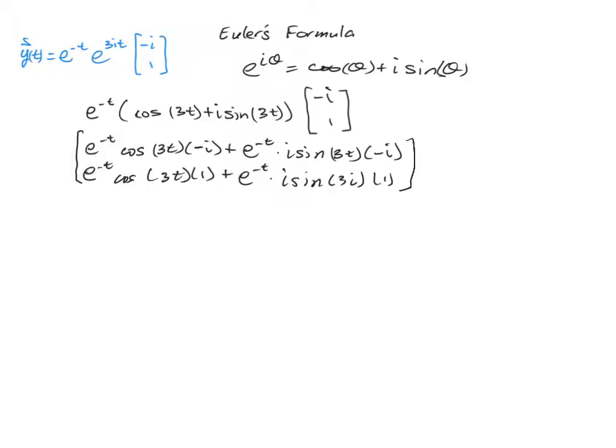All right, and now we'll use the properties of i to simplify this down. In the first one, we're going to have a negative i e to the negative t cosine of 3t.